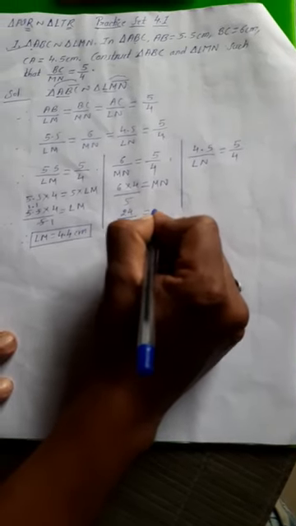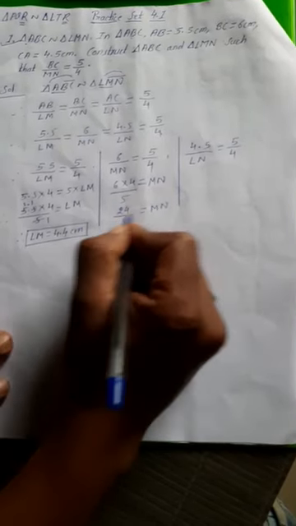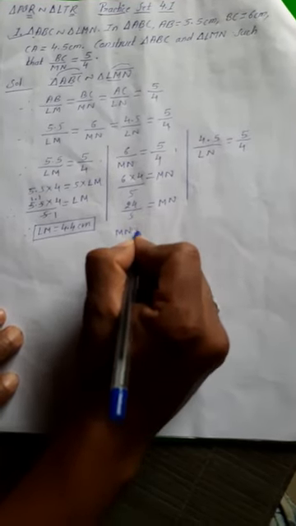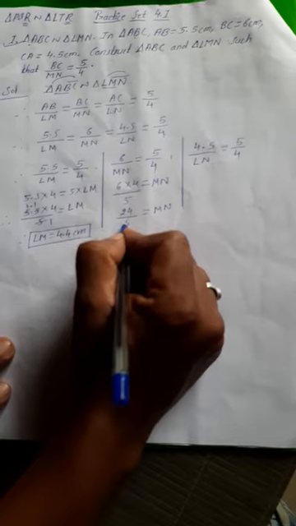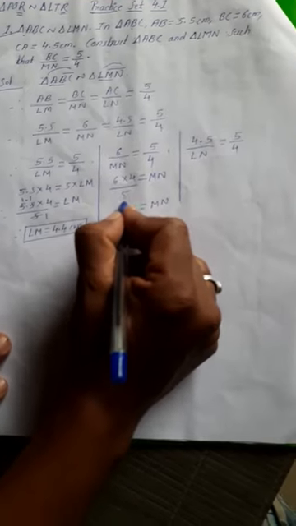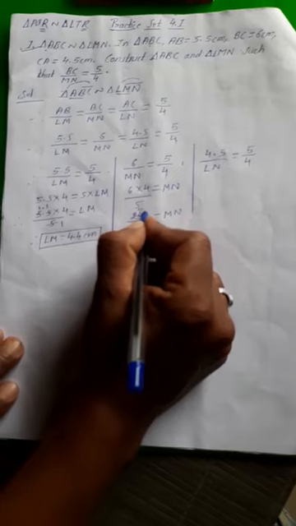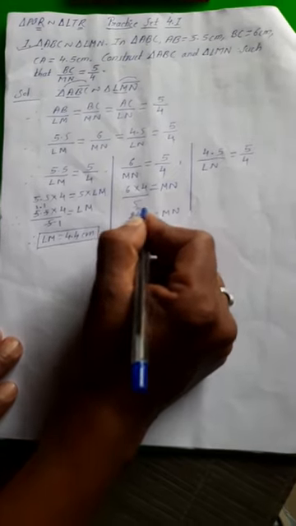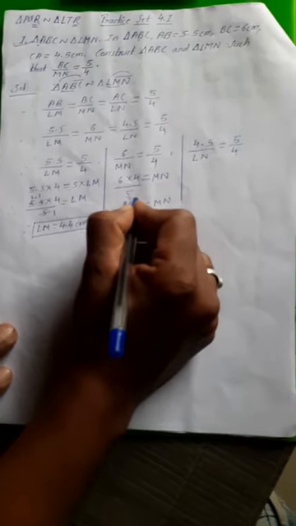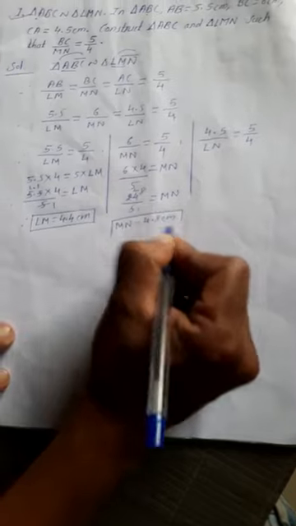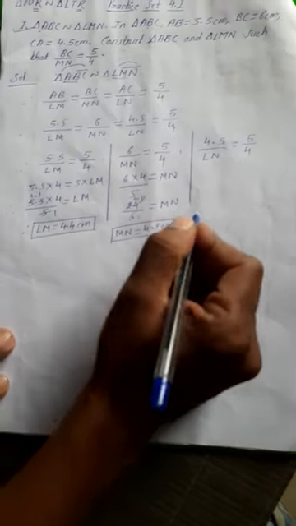If we divide 24 by 5: 5 ones are 5, 5 fours are 20, 4 remains. If we take 0 it becomes 40 and we have to put the decimal point. 5 eights are 40. So MN is 4.8 centimeter. You can divide this separately.